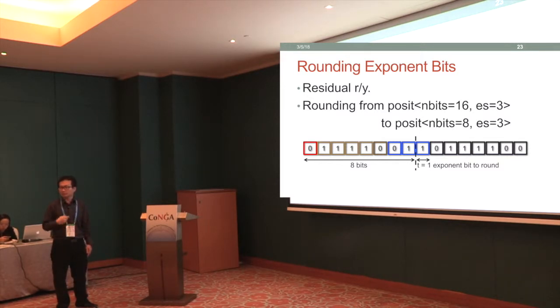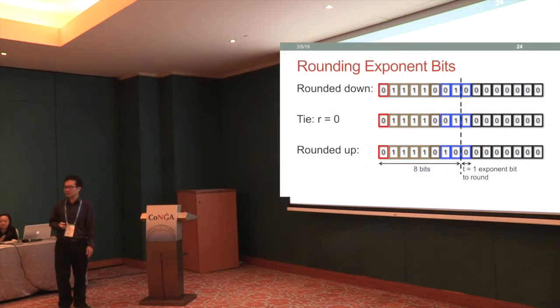We would like to round this number to an 8-bit posit. So essentially, we are making a cut here. In this case, we are cutting away one exponent bit. That's t equal 1. We are cutting away one exponent bit along with the fraction bits so that we represent our value in just 8 bits.